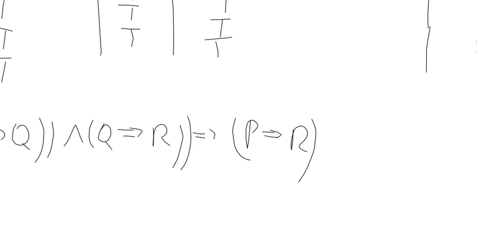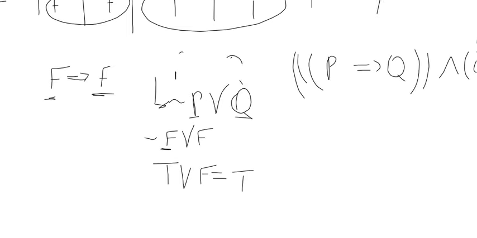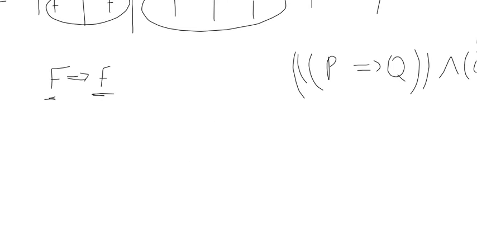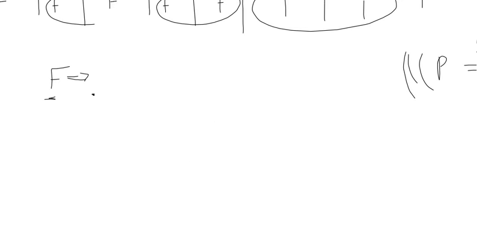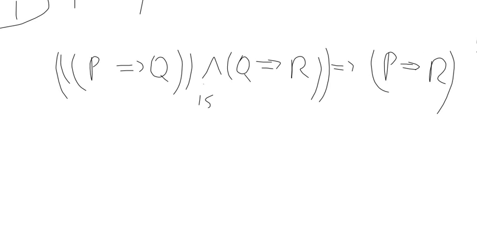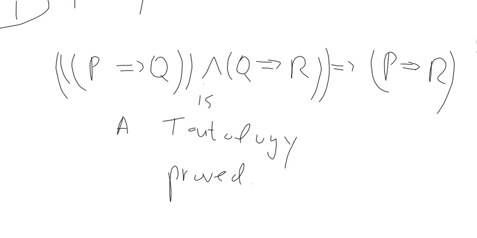Okay, so we've shown that this whole thing is a tautology because the final column is filled with all truths. So it's been proven. And that is how we prove logical implication statements.